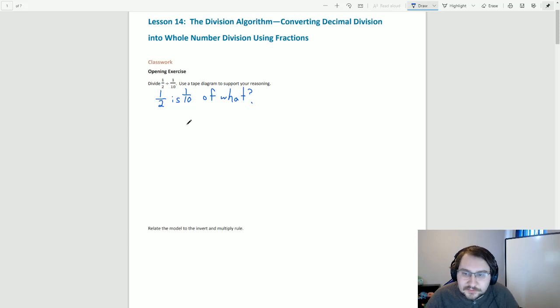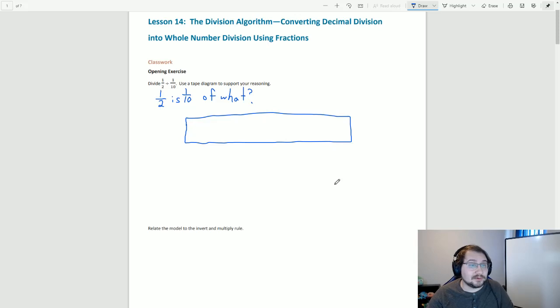So that means for my tape diagram over here, I'm just going to draw one long continuous shape.